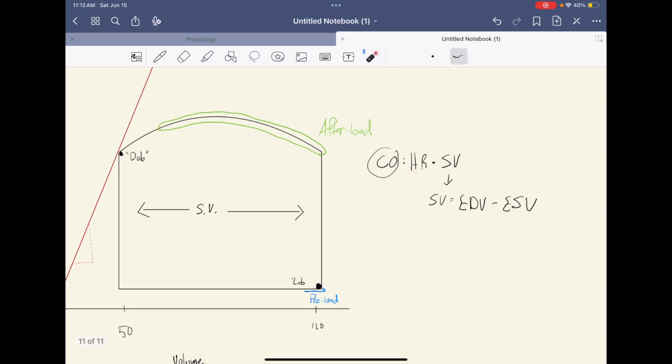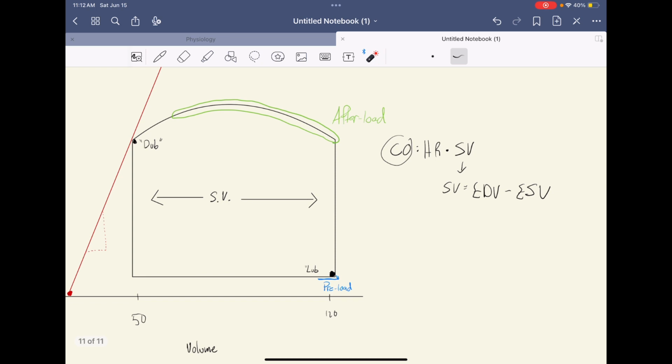But for example here, this 120 is the end diastolic volume, and this 50 is the end systolic volume. So we take 120 minus 50, and we get 70. And that would be our stroke volume times whatever our heart rate was, just for simple math. Say our heart rate is just times 2.